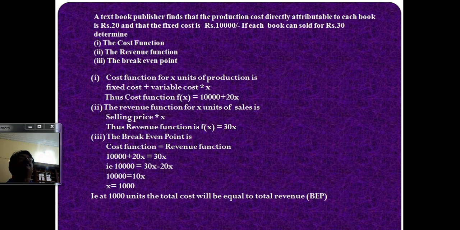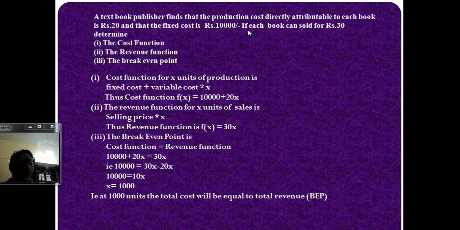Each book costs rupees 20. You can say this is the variable cost of a single book. And the fixed cost is 10,000. Maybe the machinery or the land, whatever it may be. This is fixed cost, which remains fixed irrespective of the units produced.